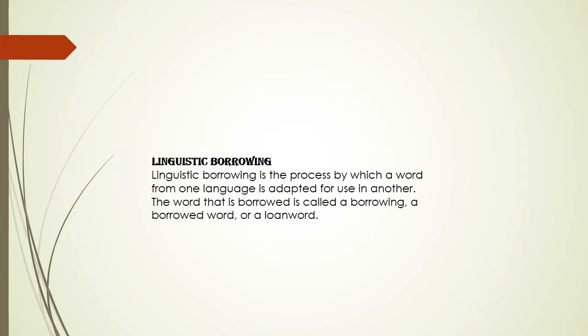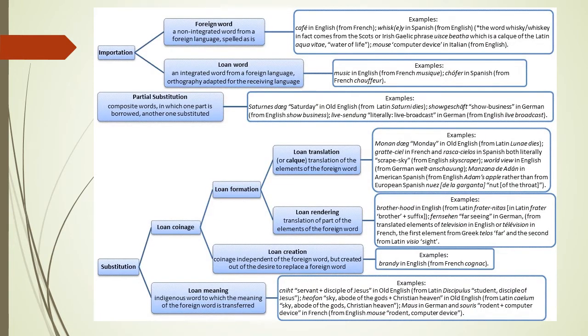In the next slide, we will try to understand the different kinds of linguistic borrowing. Basically, there are three types of linguistic borrowing: importation, partial substitution, and substitution. And there are subtypes of these three types.